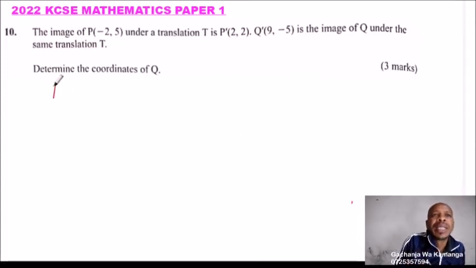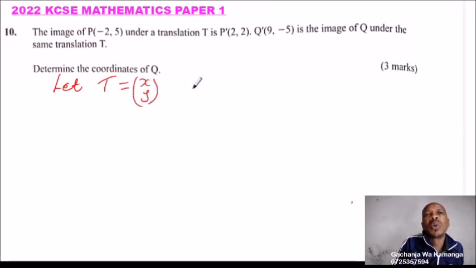So we can work this out and let T be represented by x and y. What it means is that if we write the position vector of P, that is OP, plus translation, it should give us OP prime.